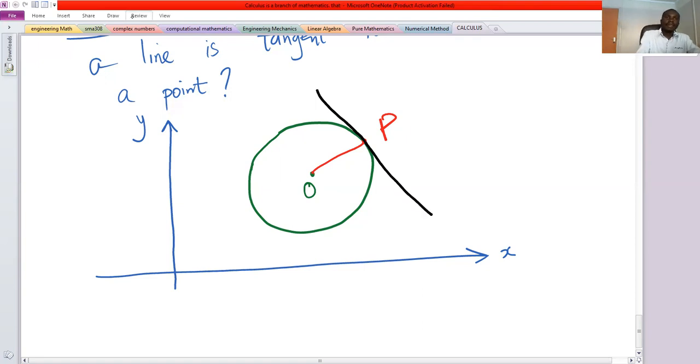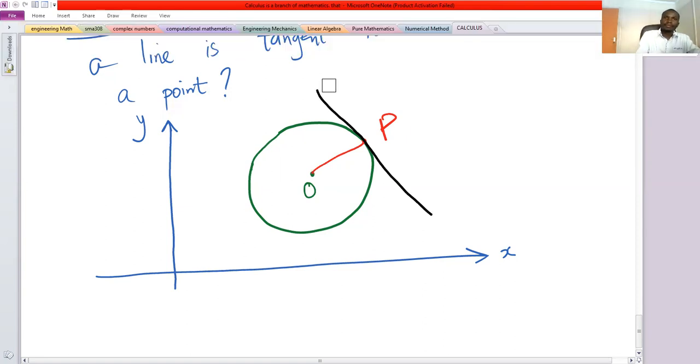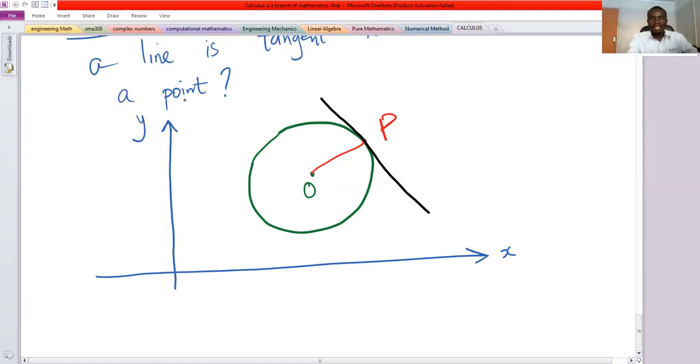so this line through point P can be described as a tangent. So with respect to this circle, this line that makes 90 degrees with the radius of the circle is called a tangent.